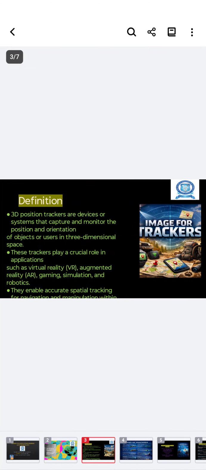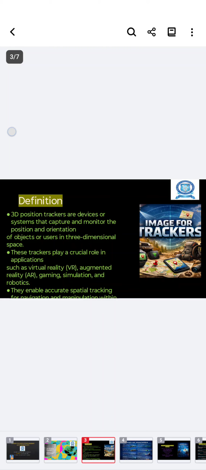Definitions of 3D position trackers. This slide explains the different definitions and the importance of 3D position trackers. 3D position trackers are devices or systems that capture and monitor the position and orientation of objects or users in three-dimensional space, the x, y and z axes. The key point explained in this slide is that they track both position, location, and orientation, direction or rotation.